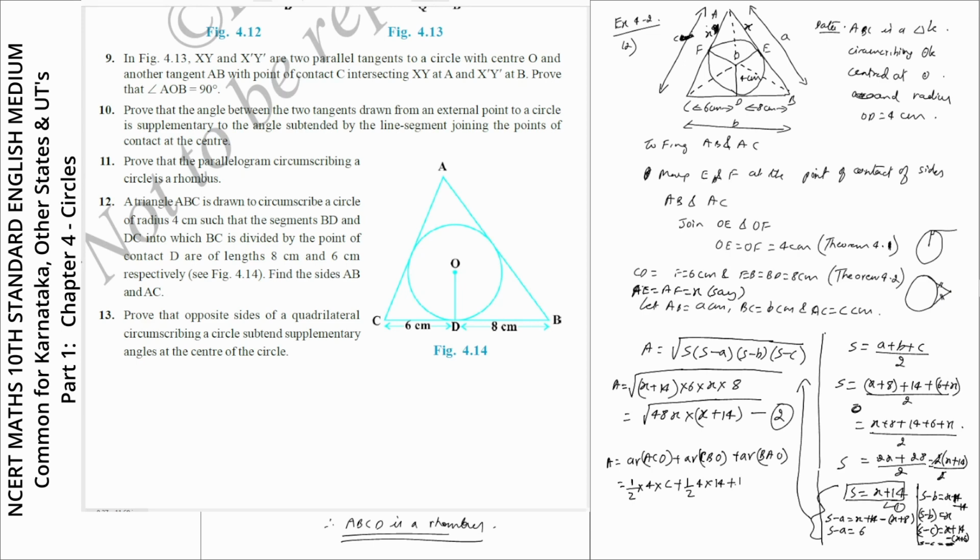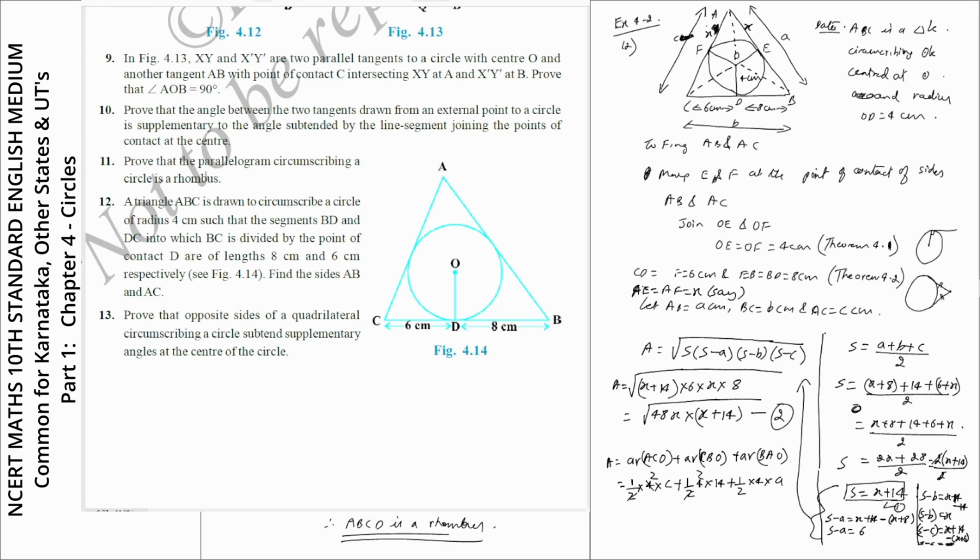Then plus half, what is the area of triangle BAO? There BA is the base and the height is known. Height is 4 centimeter. And base is A. So here 2 ones are 2, 2 twos are 4.